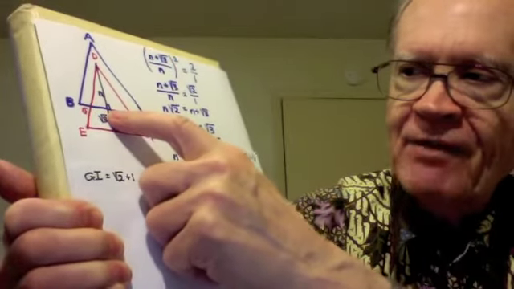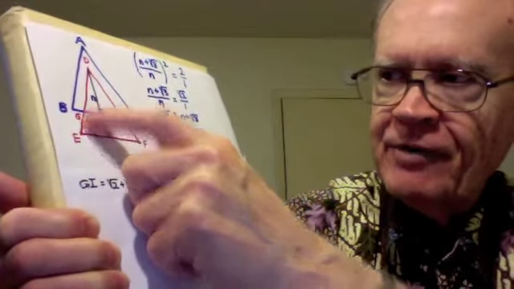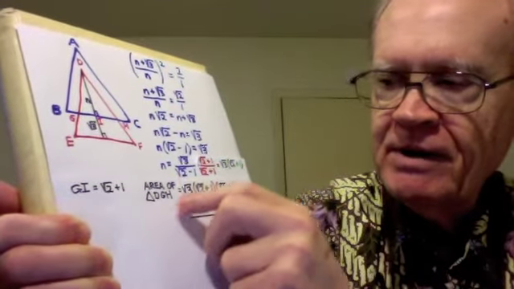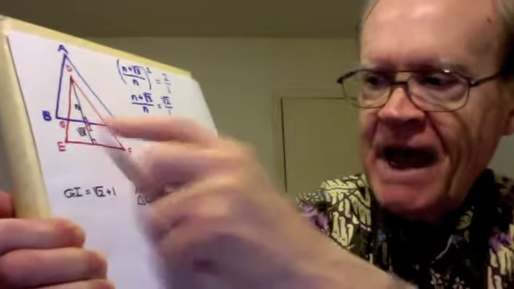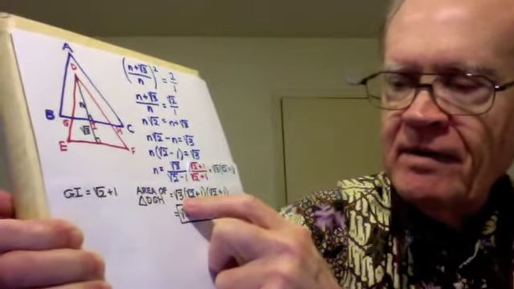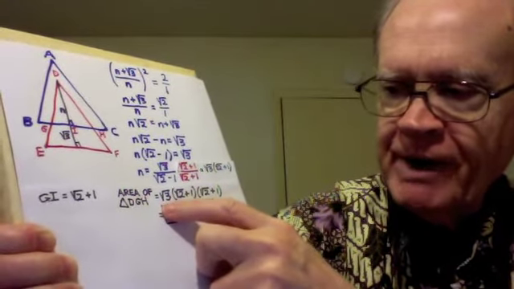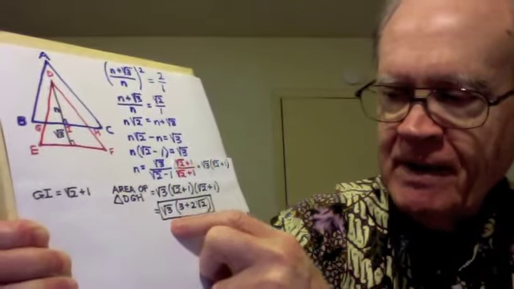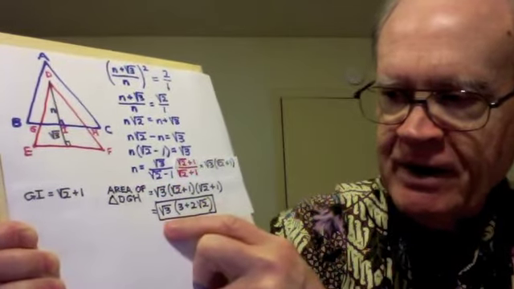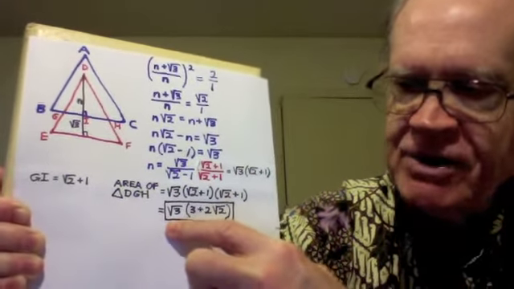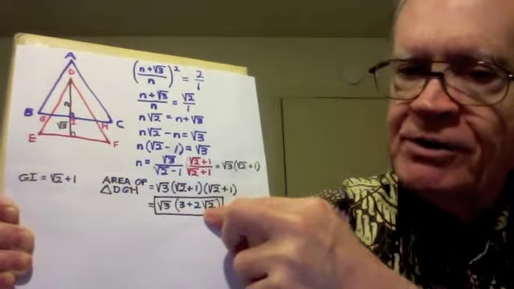GI is 1/2 the base of triangle DGH, so the area of triangle DGH is simply GI times DI, that's GI times N, that's root 2 plus 1 times root 3 times root 2 plus 1. When we FOIL these, we get 3 plus 2 root 2. So the area of triangle DGH is root 3 times 3 plus 2 root 2.